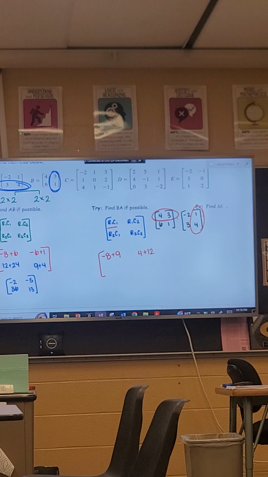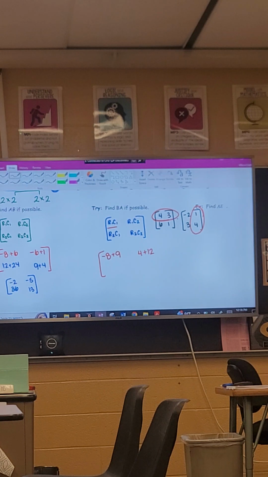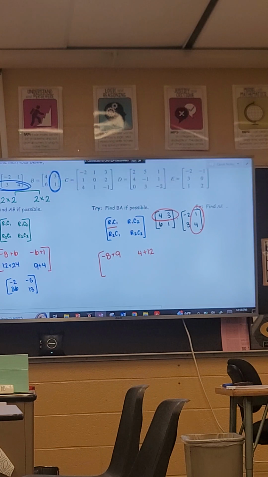So 4 and 12. Row 2, column 1. -12 and 3. And then our last one is row 2, column 2. So 6 and 4. So 1, 16, -9, and 10.